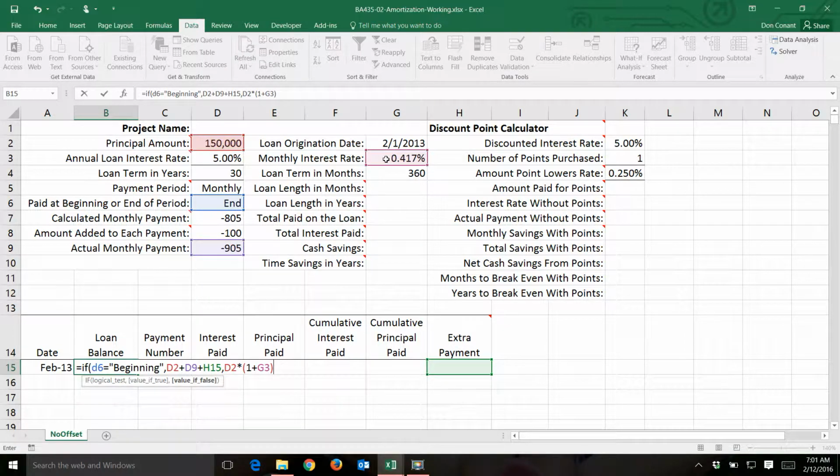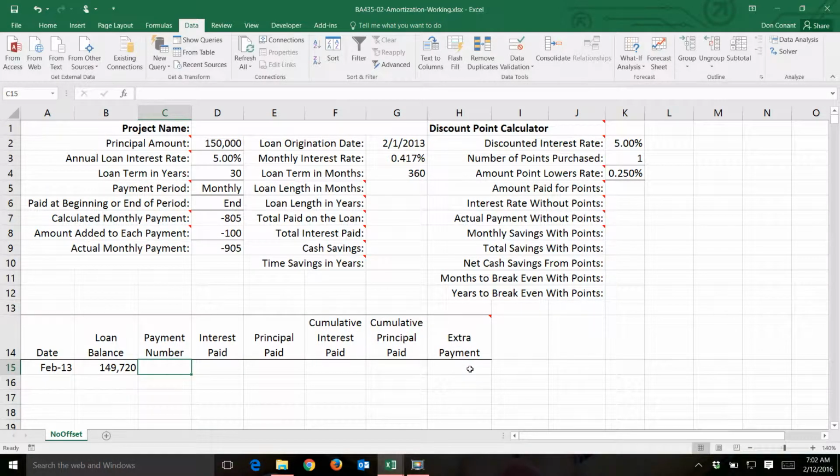Then we'll add to that our payment, which is a negative number, and any additional payment that we might have made. And that gets us our initial balance.